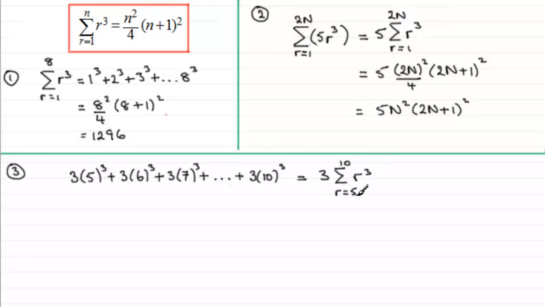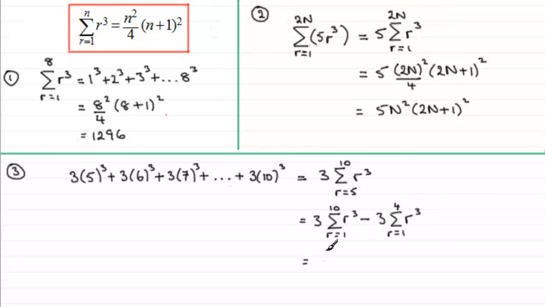To do something like this when r doesn't start from 1, as we've mentioned in the earlier tutorials in this series, first think about the summation of r cubed going from r equals 1 all the way up to 10, but then you need to subtract 3 times the summation of r cubed going from r equals 1 up to the one before this term, in other words, up to n equaling 4.